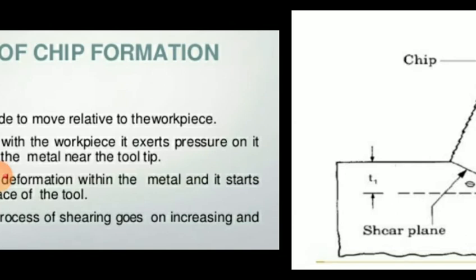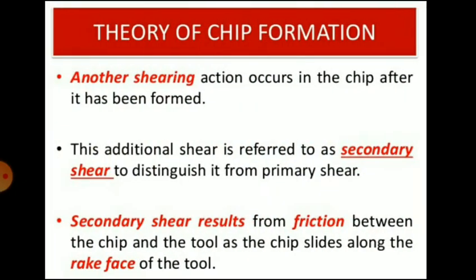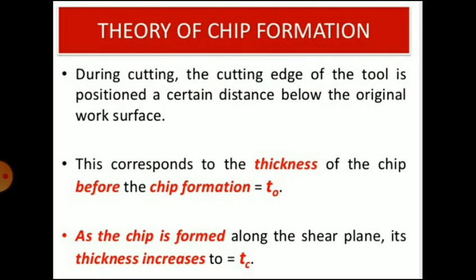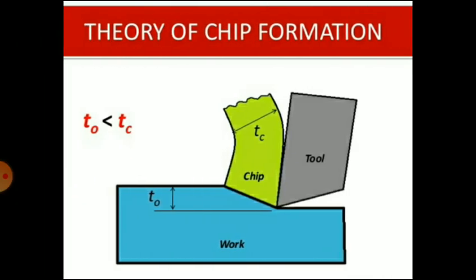Here it is indicated by T0 and Tc. T0 is the uncut chip thickness and Tc is the cut chip thickness, as shown in this diagram.